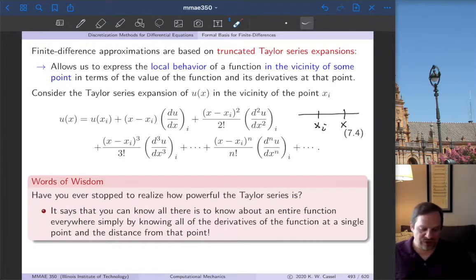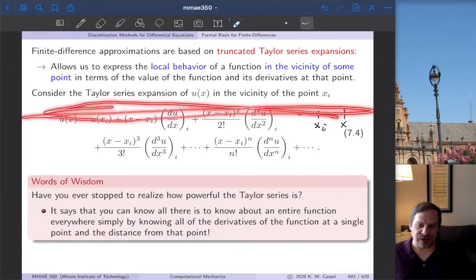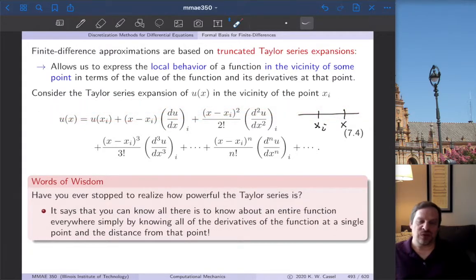So everything's being evaluated at this one point, and what the Taylor series tells us is if I keep all these terms, all I need to know is the value of u at this point, the first derivative, second derivative, third derivative, fourth derivative, all the derivatives at one point, and that tells me everything I need to know about how this function behaves for all x if it's an equal sign. I don't have to say anything about this distance.